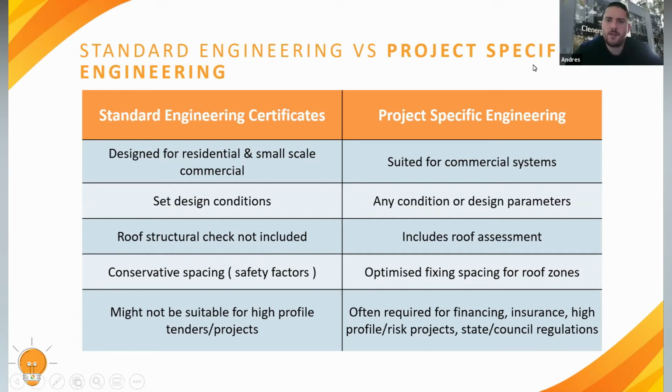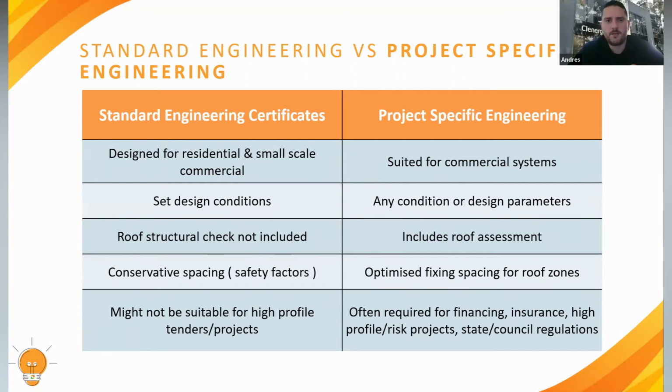The project-specific engineering, the difference is that it's suited for commercial or large-scale systems. It could have any condition or design parameters, as we design based on the project requirements. It includes a roof assessment, and we optimize the fixing spacing for roof zones. So what does that mean? The generic certificate has a set of spacings already calculated.